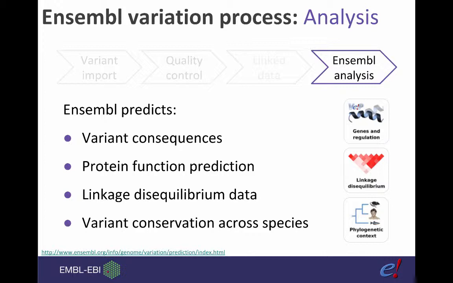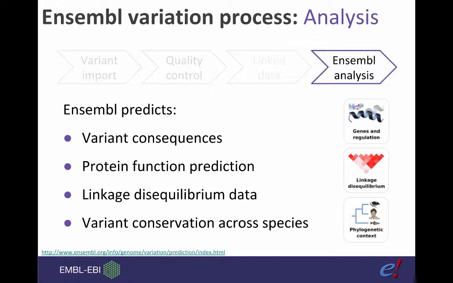So after we have all of this external data imported into Ensembl, we can run our own analyses. We're able to predict variant consequences by looking at these locations and where they overlap with our gene and regulatory feature models. We're able to run algorithms for protein function predictions, to see whether a variant that results in a change in the protein coding sequence is going to be particularly significant or perhaps not so damaging.